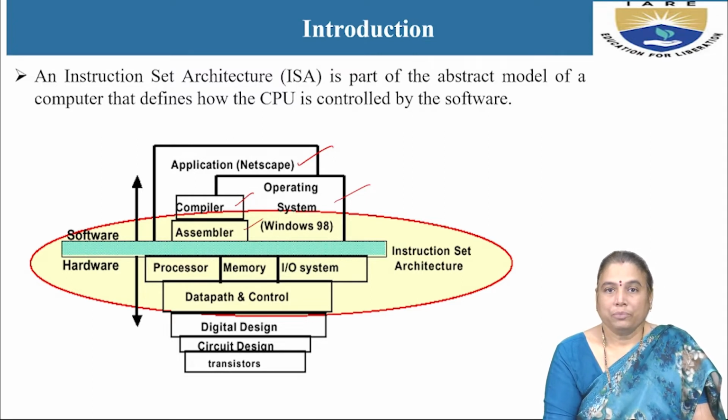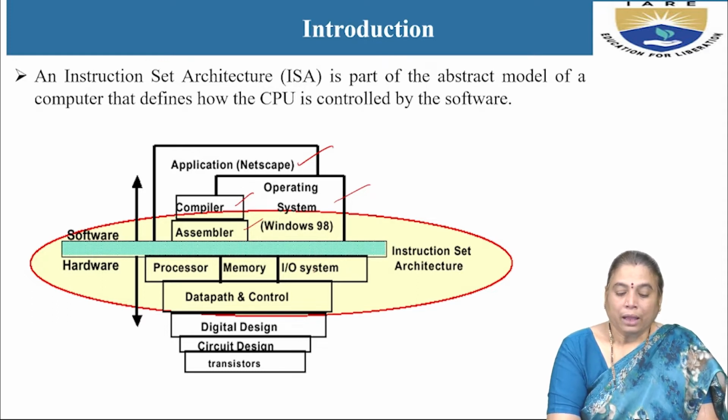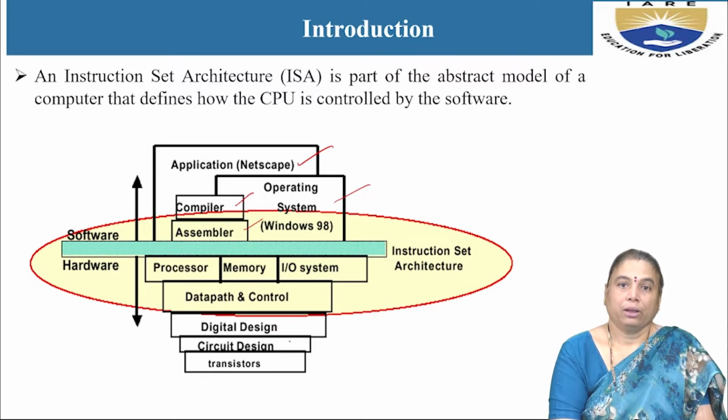The object code has to be created, and after conversion the processor, memory and IO subsystem dispatch the control so that the necessary digital design, circuit design and transistors get activated to execute the task supplied by the user.